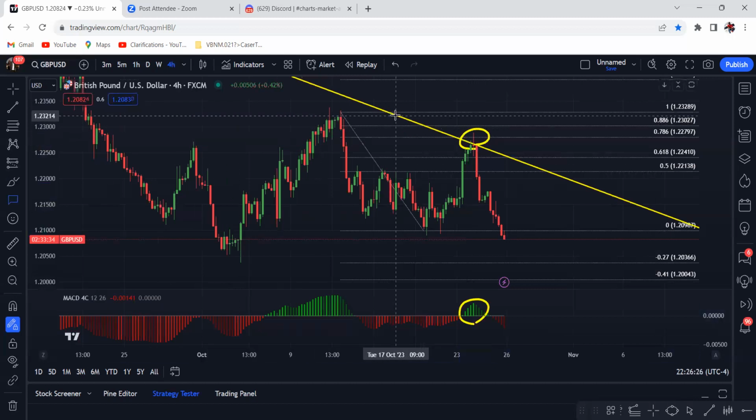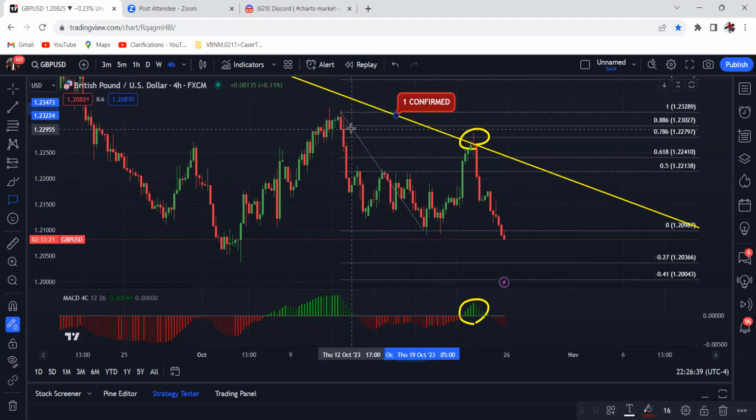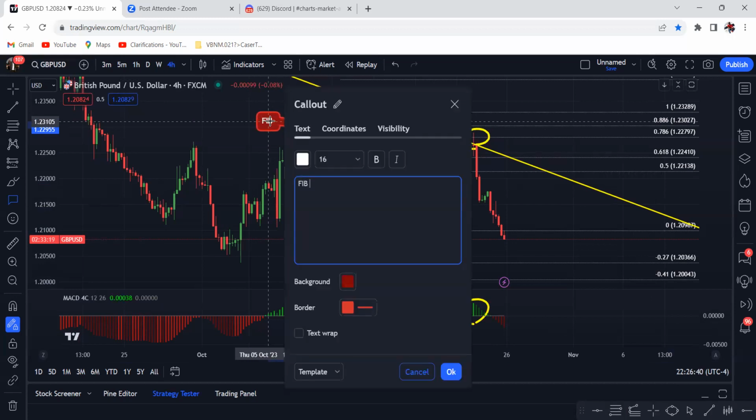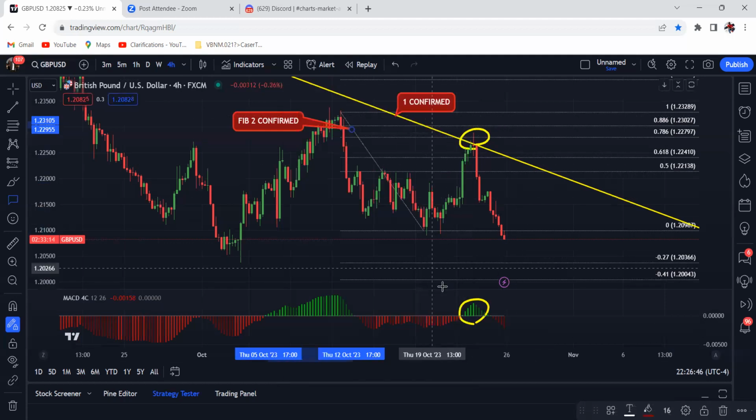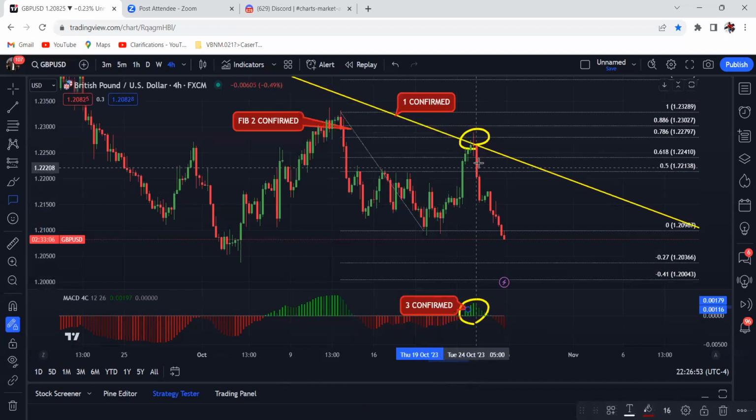I'll write this out for you guys. One confirmed. Fib, two confirmed. Three confirmed. There you go. I got three confirmations all telling me sell.